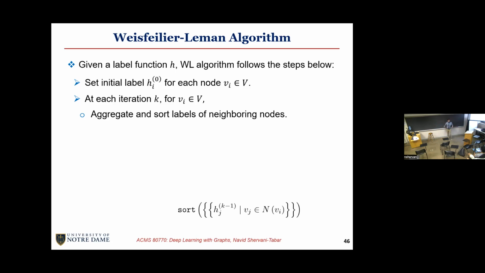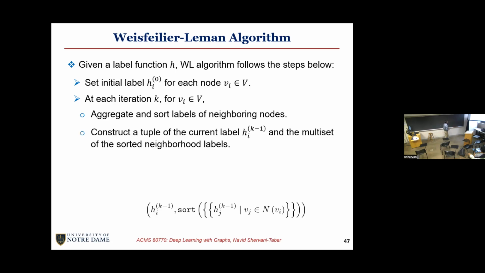And then we sorted this, right, so that these numbers are in order. And then in the next step, we constructed a tuple using the multi-set of the neighborhood labels and the current label of the node that we are discussing, Vi. We are representing that label with Hi.